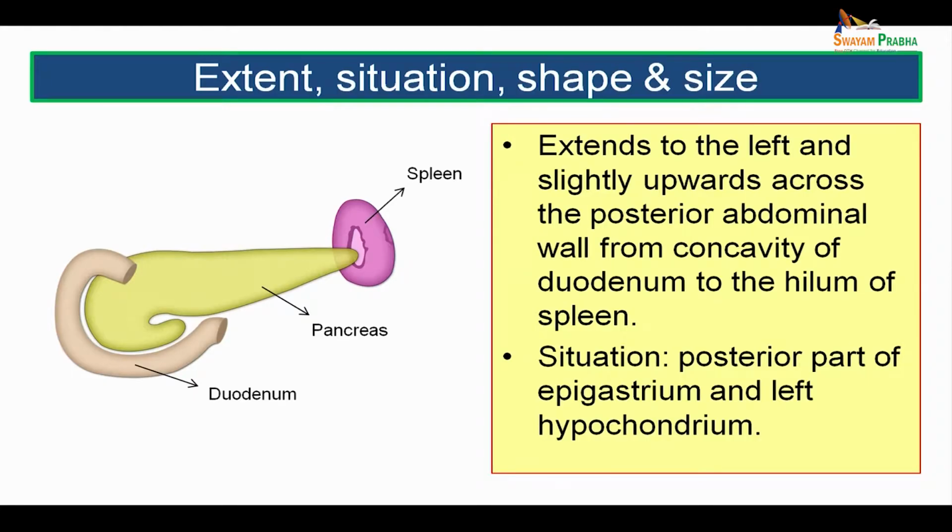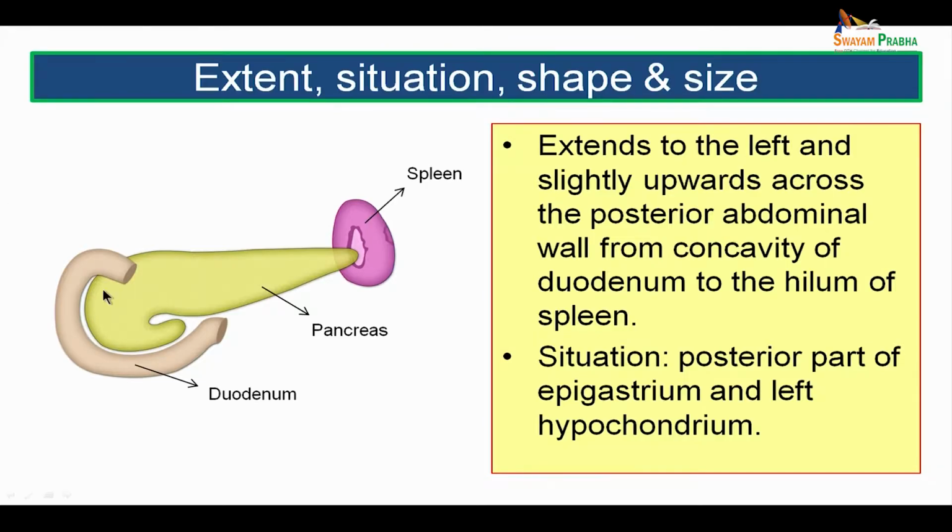The pancreas extends to the left and moves slightly upwards across the posterior abdominal wall from the concavity of the duodenum right through the hilum of spleen.